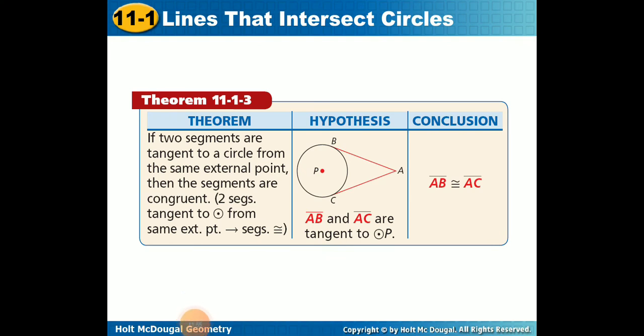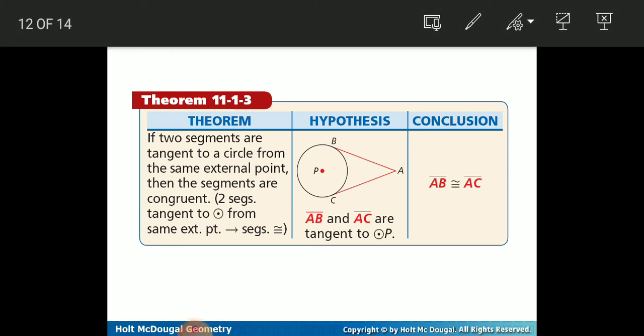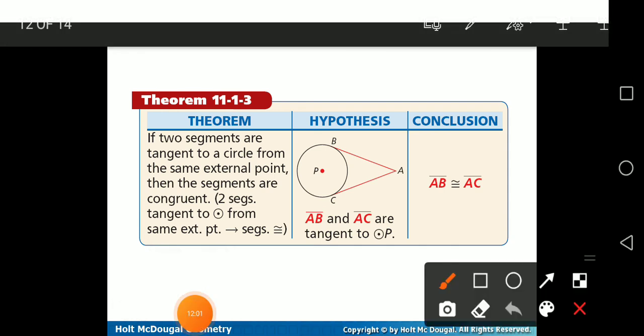Now we have another theorem. If two segments are tangent to a circle from the same external point, like AB and AC, we have two segments as you see.